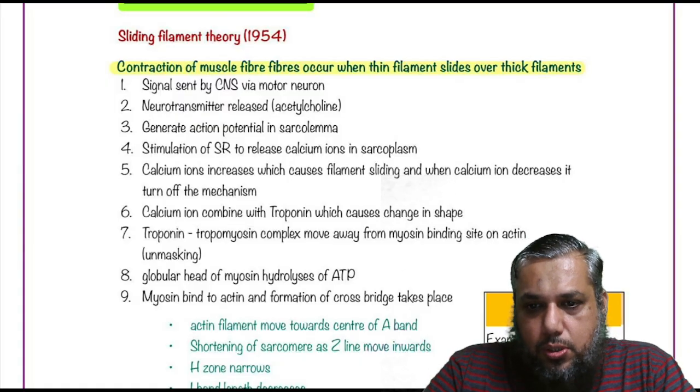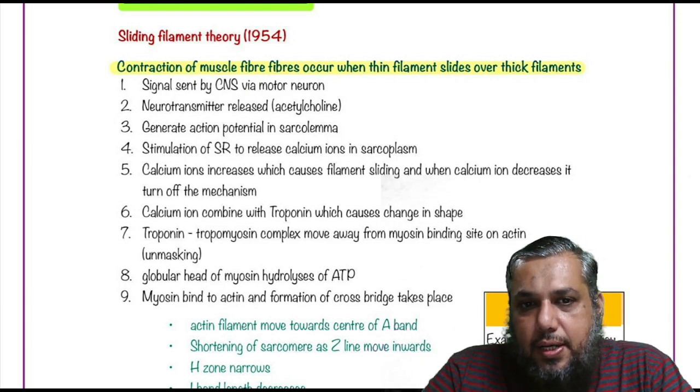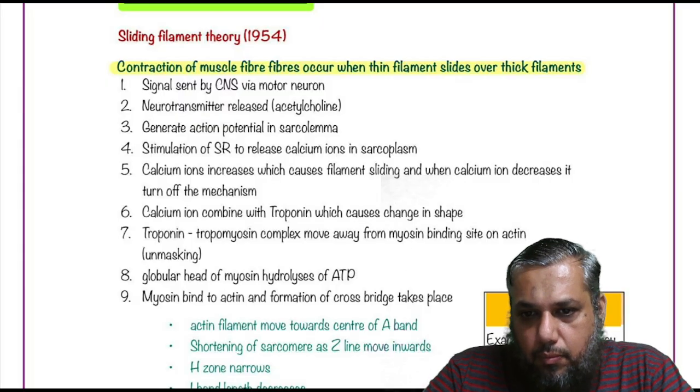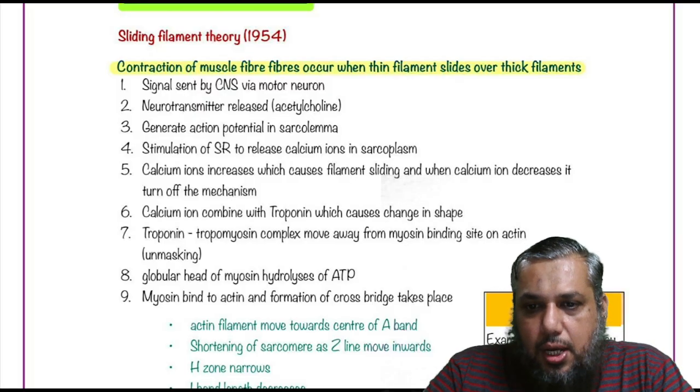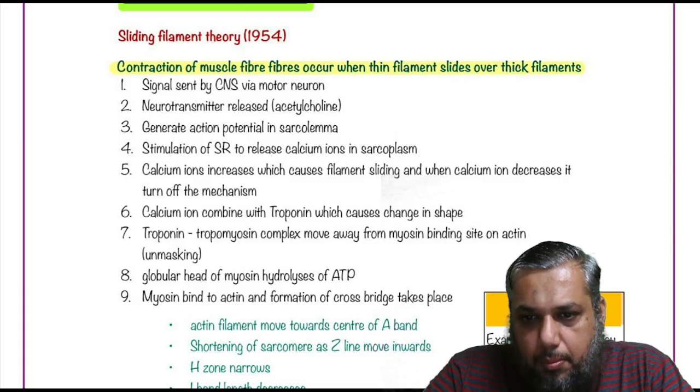After it reaches the neuromuscular junction, the axon knob will release acetylcholine. The acetylcholine will bind to the acetylcholine receptors which are there on the sarcolemma. As a result of it, the sarcolemma will get depolarized.